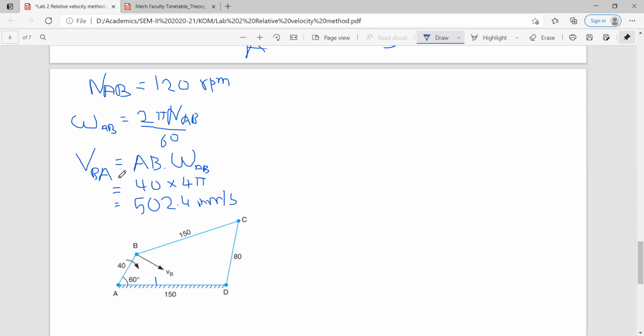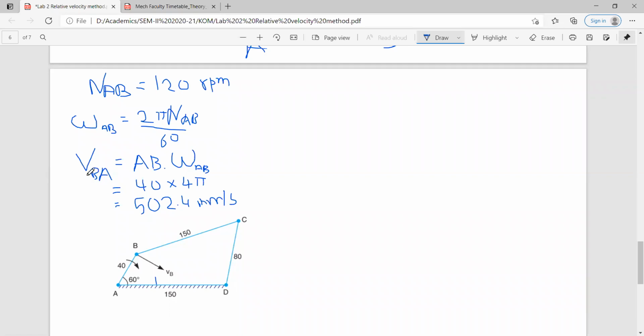Now we have found this value. We know the magnitude of velocity. Okay. Now about the direction. What is the direction of velocity of point B with respect to A? We know that both of these points A and B are on the same link.